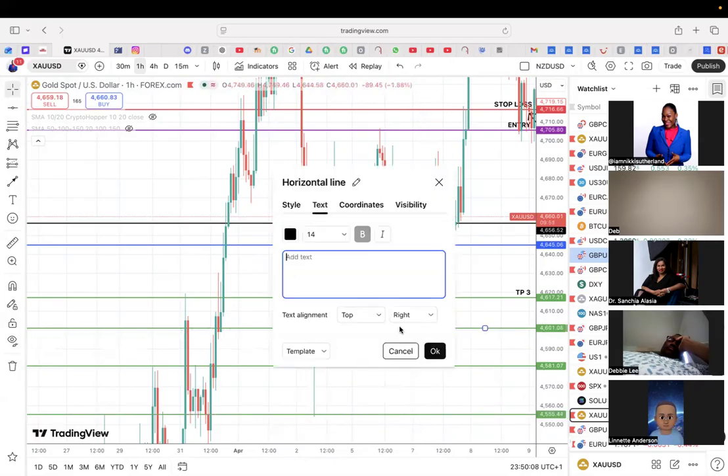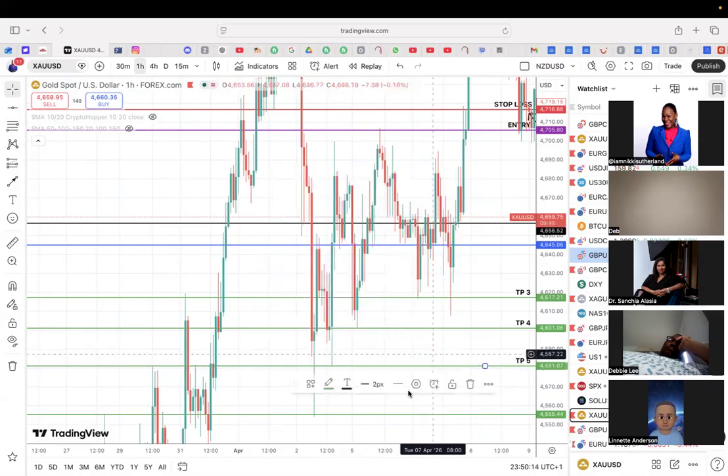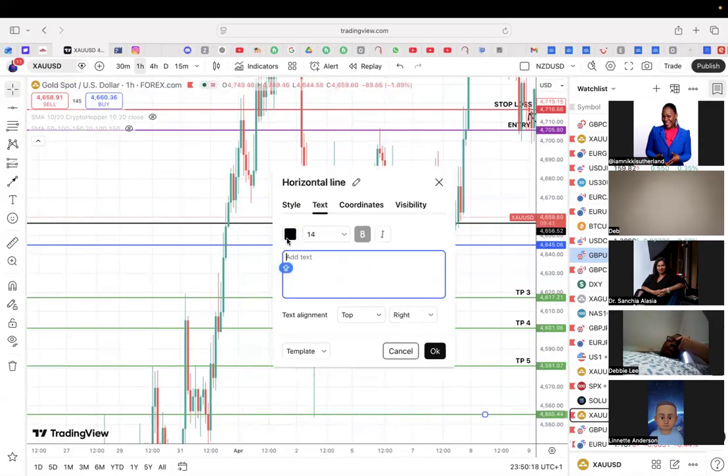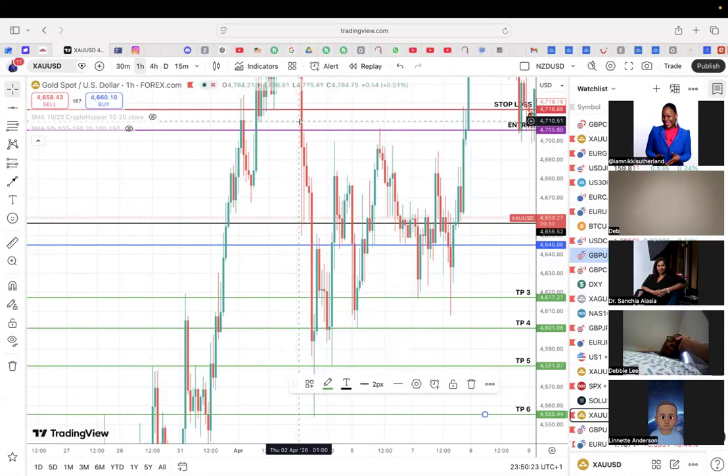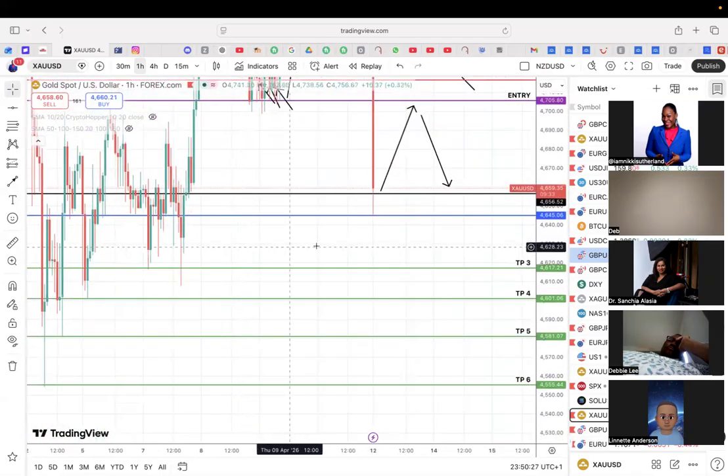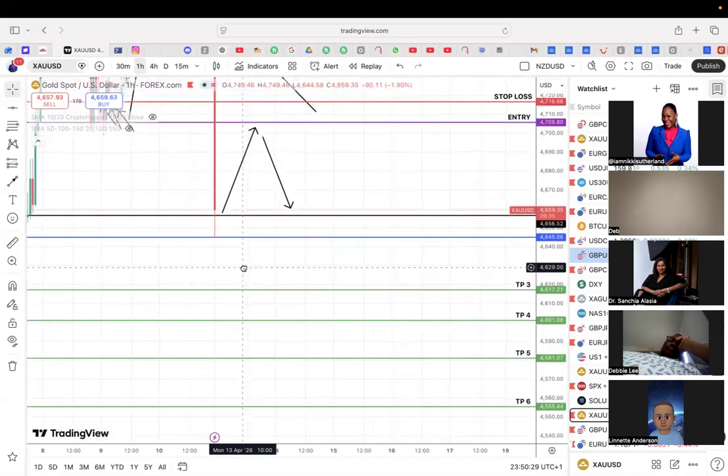So now I'm saying to myself, I potentially am seeing the pattern, right? I'm seeing exactly what's happened before because the last time it broke structure, it went way down here. So now I'm seeing it potentially break structure again.